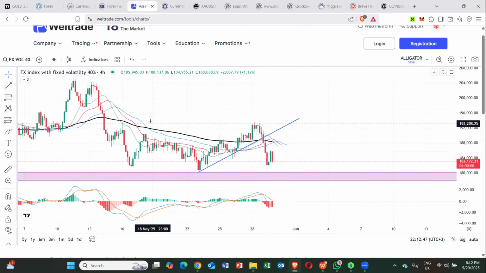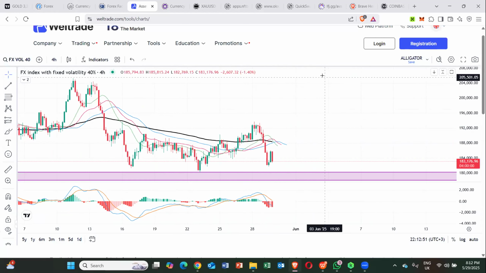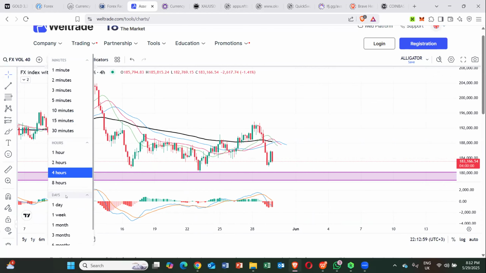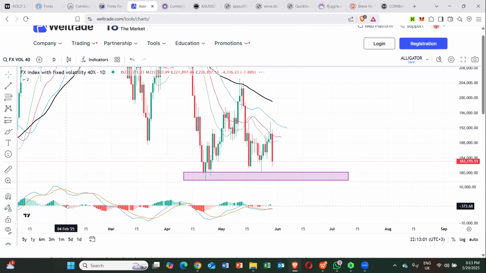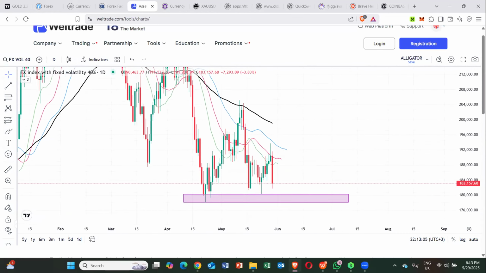Okay. So I'm going to remove this old one. So this is actually 4 hours. Now this mark I marked here is a level.